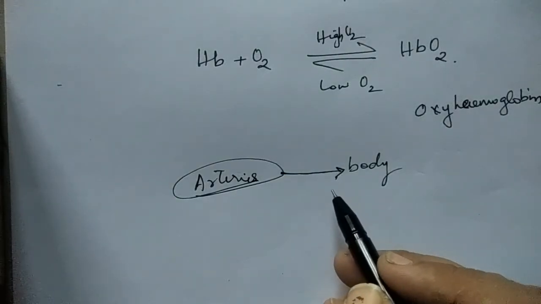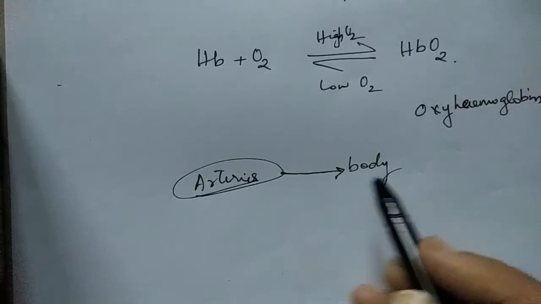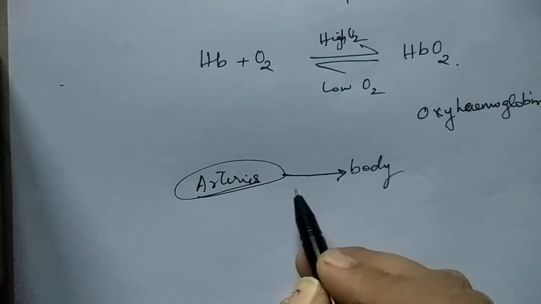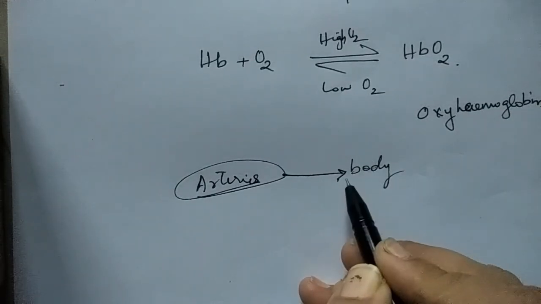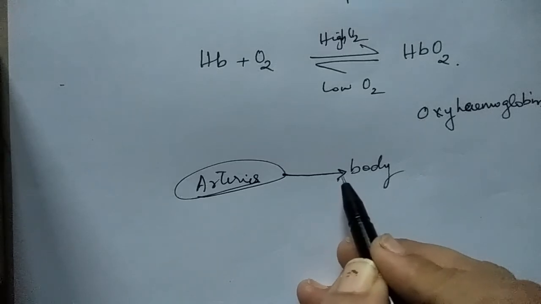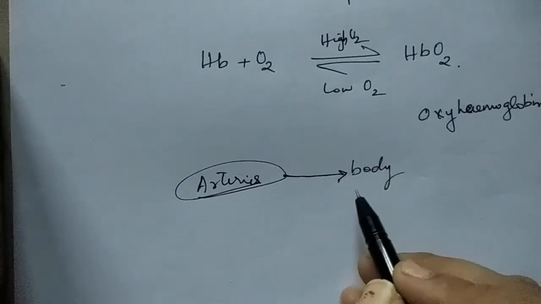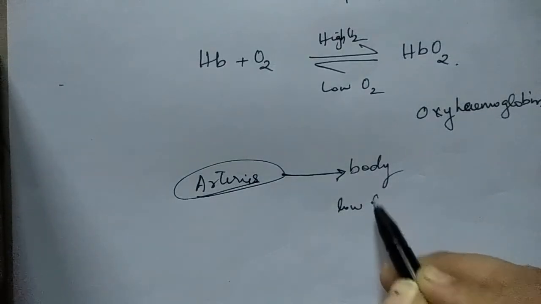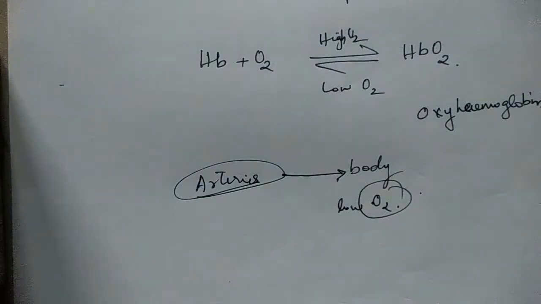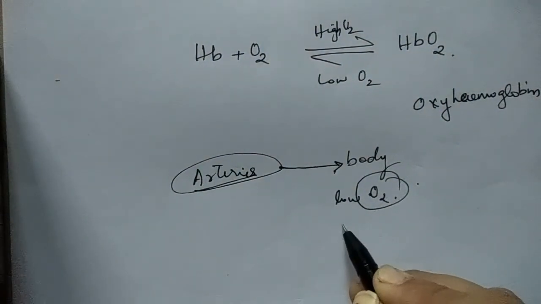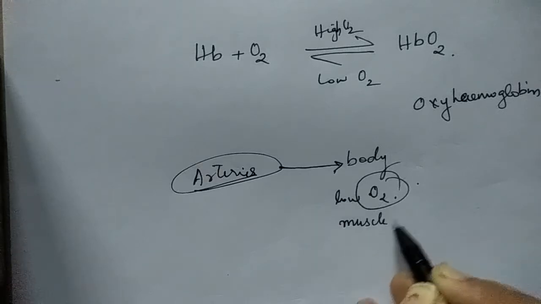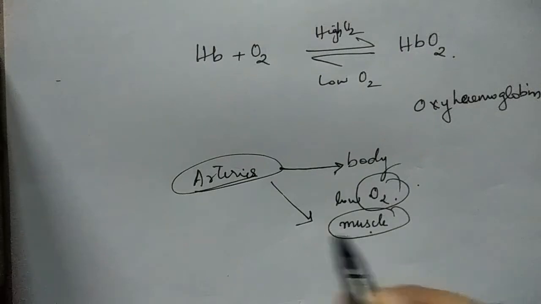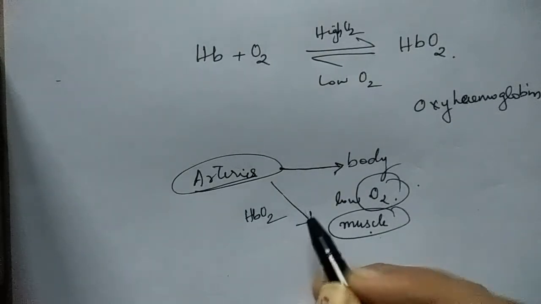These arteries will be carrying the oxygen towards the different parts of the body, and the place where there is low concentration of oxygen, or the place where it needs more oxygen, is the muscles.